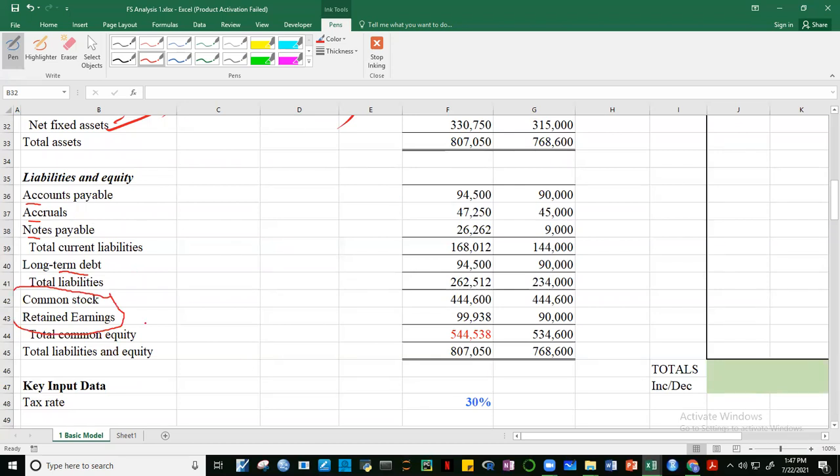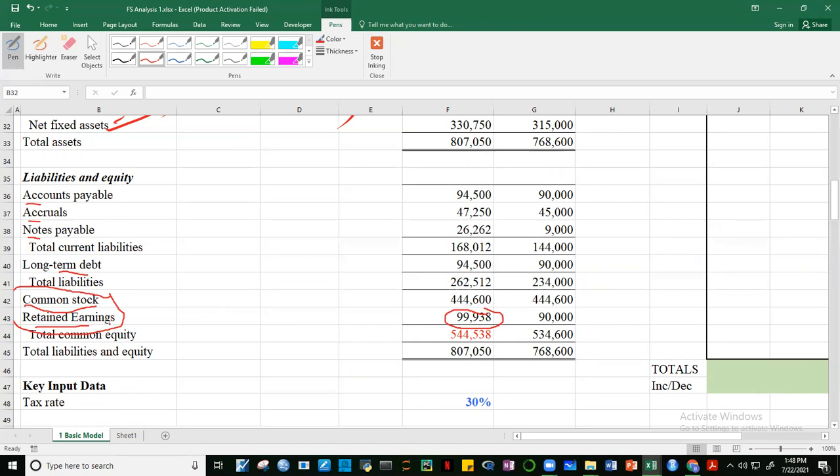In a corporation, guys, ownership is divided into shares of stock. Okay, you will see common stock, or you will see preferred stock. And then retained earnings. If you take a look at this, guys, how did we get 99,938?